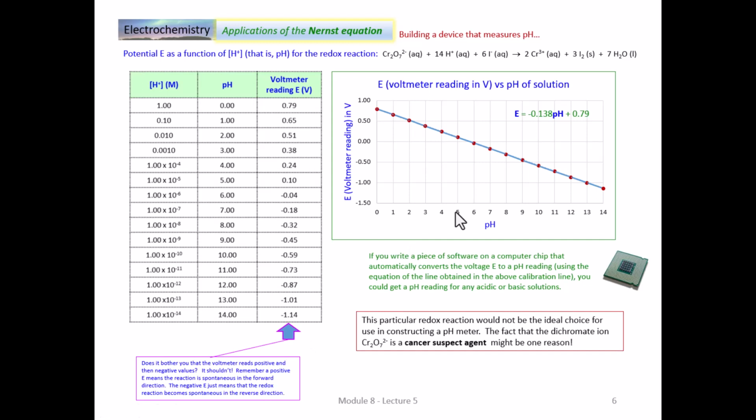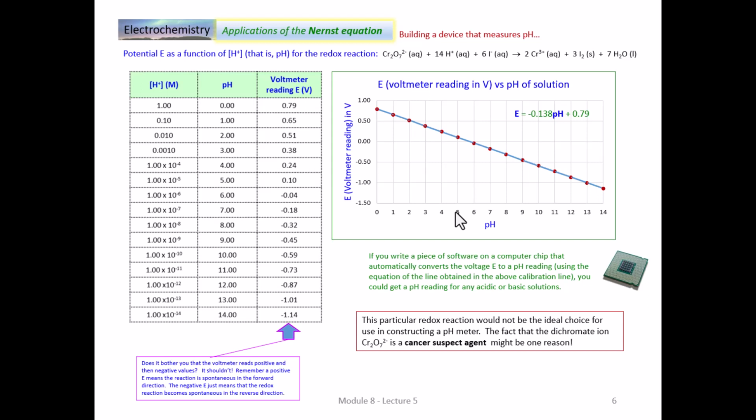This particular redox reaction would actually not be an ideal choice for use in constructing a pH meter. The fact that the dichromate ion is a cancer suspect agent might be one of the first reasons why you wouldn't use this reaction.